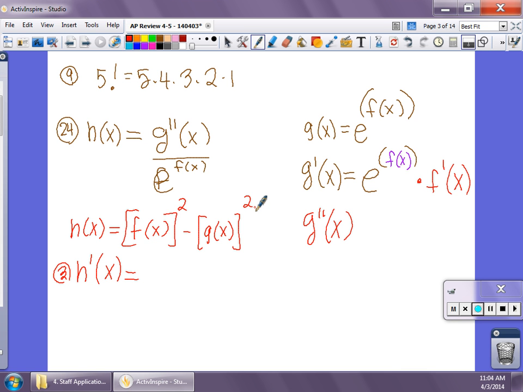So I'm just going to leave it there and start with that. If you start with that, you're going to still have primes, but your answers, none of them have primes. So then you use that f prime is the same as negative g, and g prime is f, and do substitutions to get all the primes out. So just try it, making sure you know to use the chain rule. Okay? All right, that's it then?